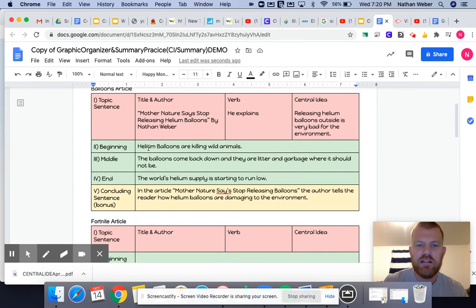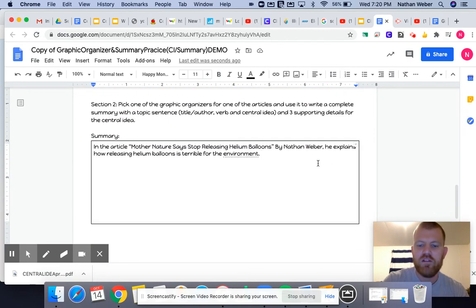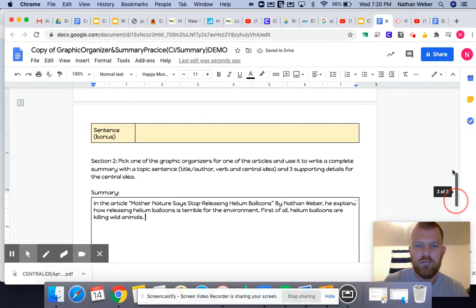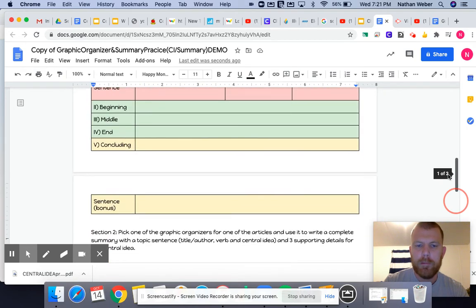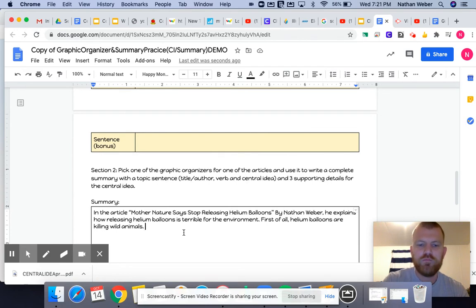So our first key detail is helium balloons are killing wild animals. You need a transition. A good transition to use would just be, first of all, helium balloons are killing wild animals, period. And then you find your second key detail. The balloons come back down and they are litter and garbage where it should not be. And you could say furthermore, you could say secondly or second or next. I'm going to say next.